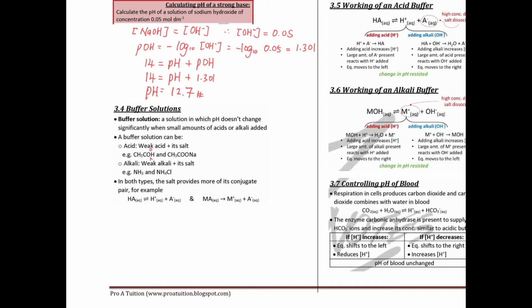That is the weak acid, and the salt must be the salt of the ethanoic acid. Cannot be any salt, let's say NaCl. Can I use NaCl? No, cannot. Must be the salt of this acid. So you just imagine this acid, you react with alkaline, then they form CH3COONa. This is the salt of that acid.